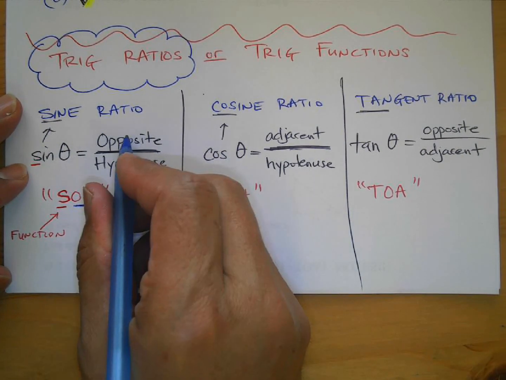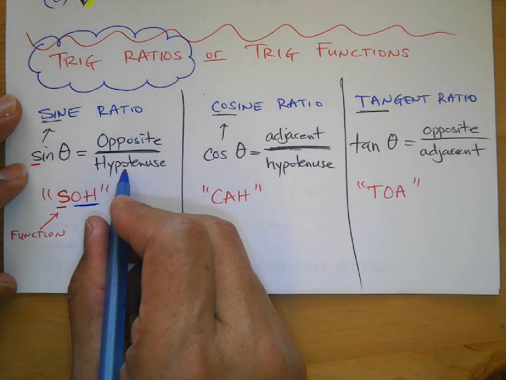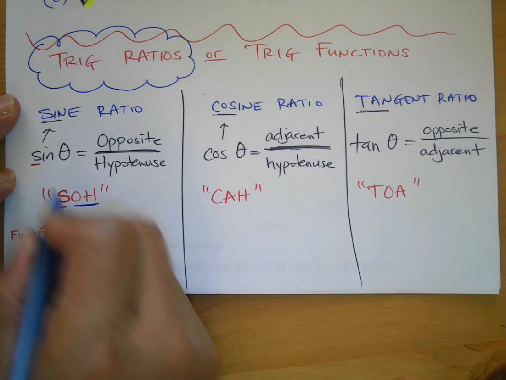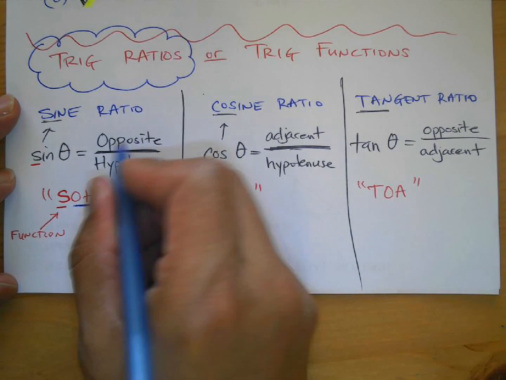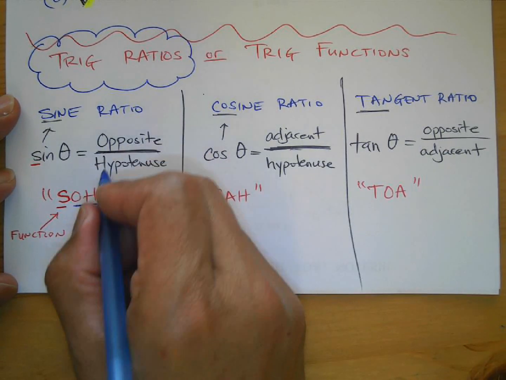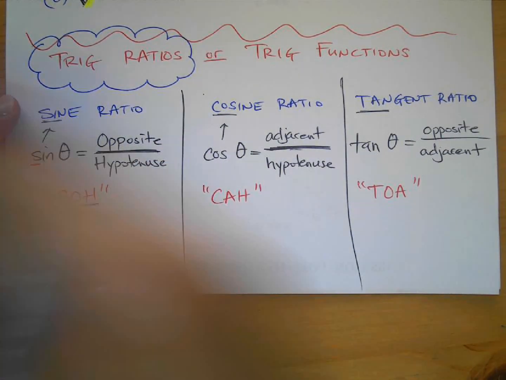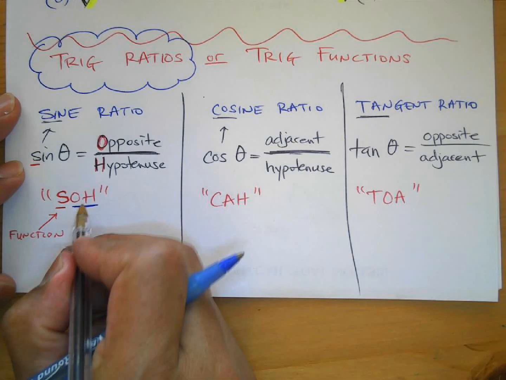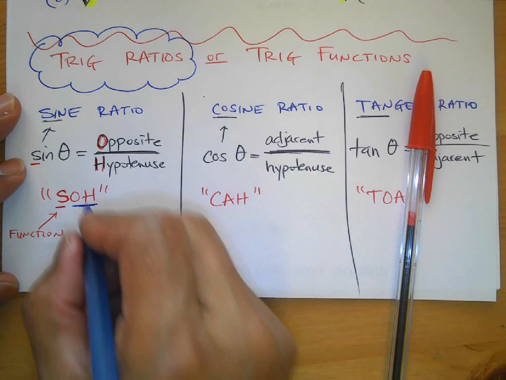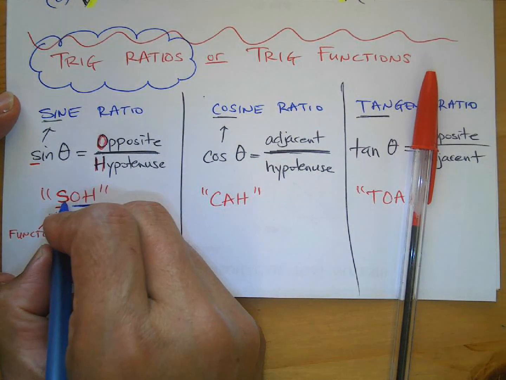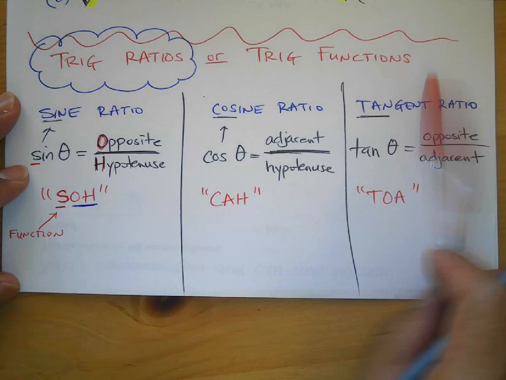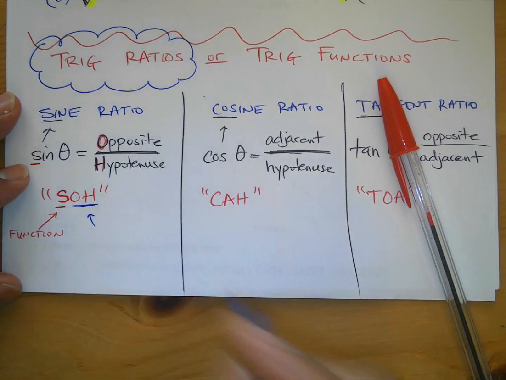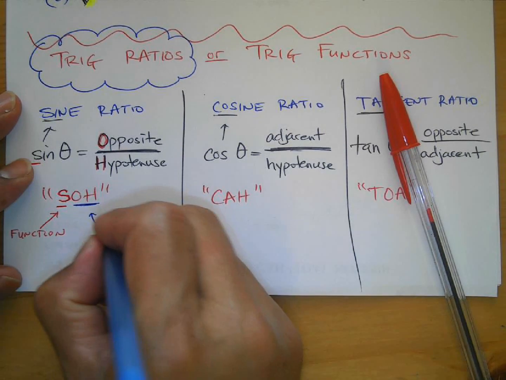Your ratio, your numerator over your denominator. The sine starts with an S. And then look at O and H. O over H. See, that's what these last two stand for. So this first one is your function, sine, and the last two are for the fraction, the O over H. So this is for your ratio or your fraction.